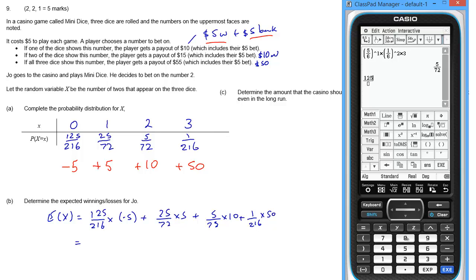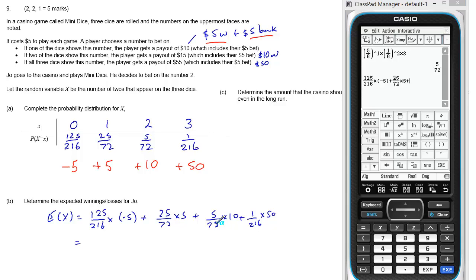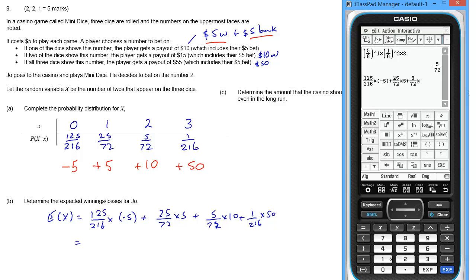So 125 over 216, multiply that by -5, and then we'll have 25 over 72, multiply that by 5, then we've got 5 over 72, let's make that a bit clearer, 5 over 72, and we'll multiply that one by 10, and then we've got 1 over 216, and we'll multiply that by 50.